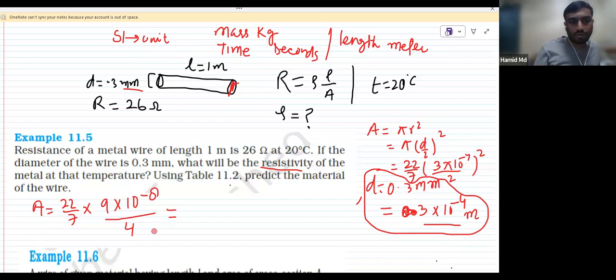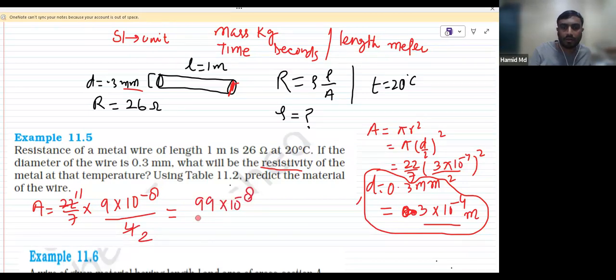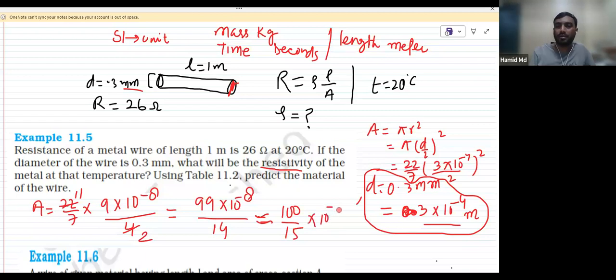This will be 11 and this will be 2. So this will be 1199 into 10 to the power minus 8 over 14. We may write it approximately: 99 will be 100, and 14 is equal to 15, and 10 to the power minus 8. See, I approximated it, okay?